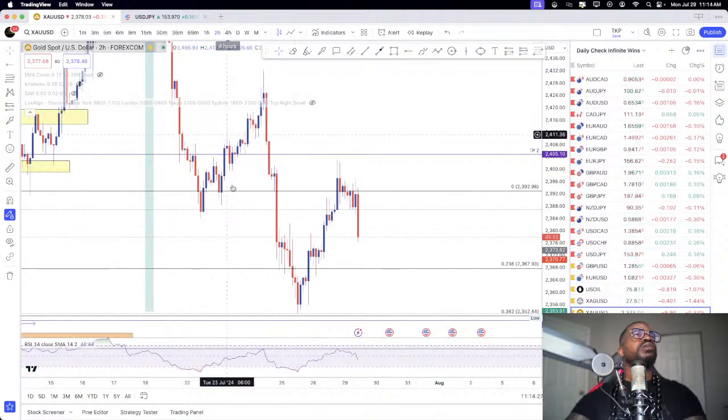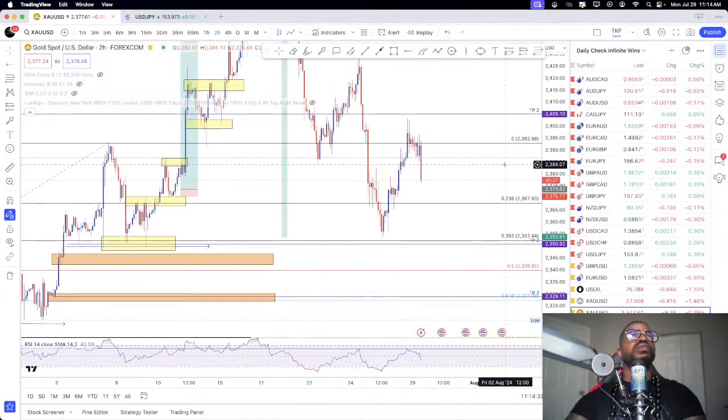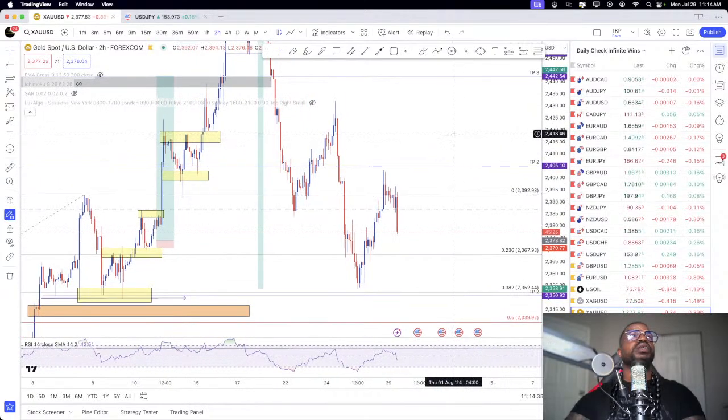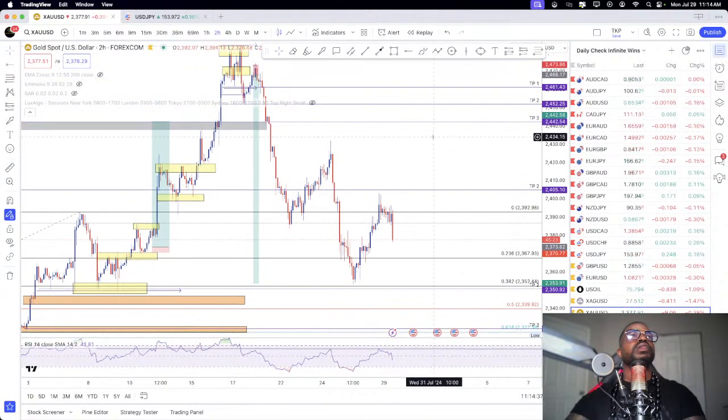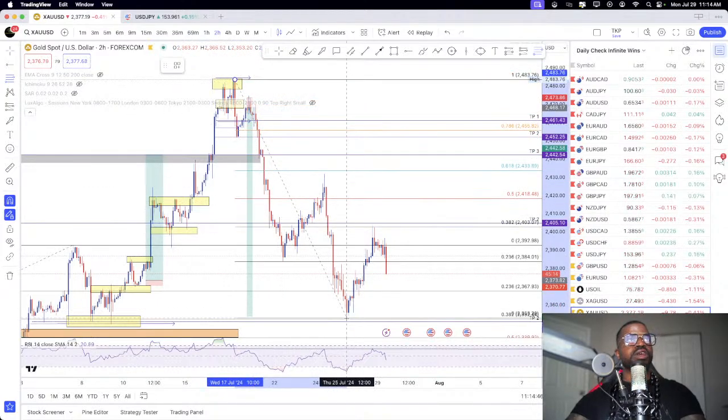What is going on with gold? Let's see how far this thing pulled back. So they got some tools available, and these tools help you measure areas that got retested.